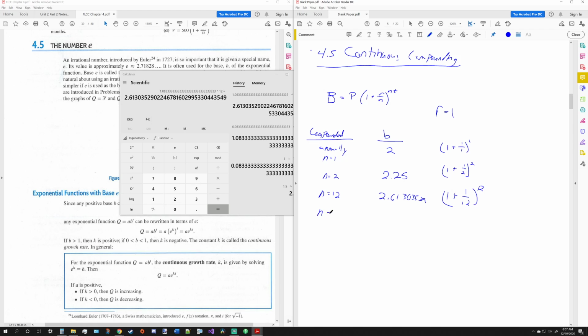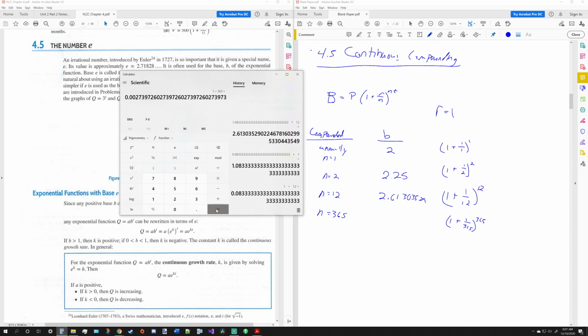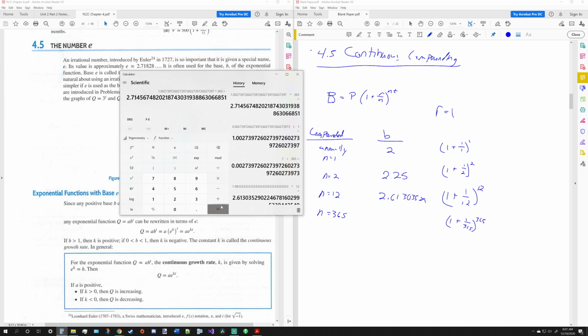So if we increase this to daily, I'm going to do that calculation to see what we end up with. And we get 2.71456748, so on.